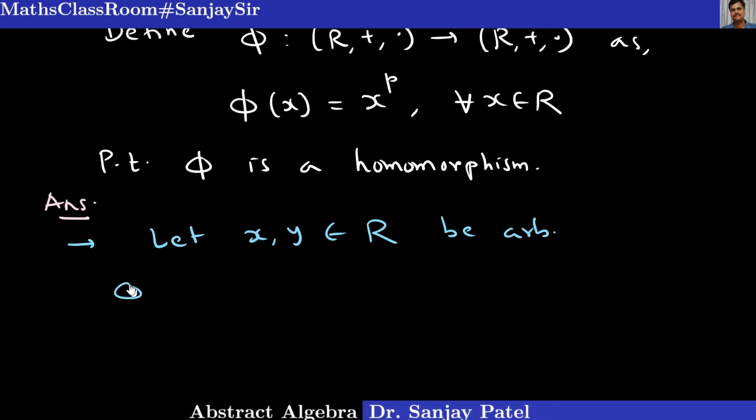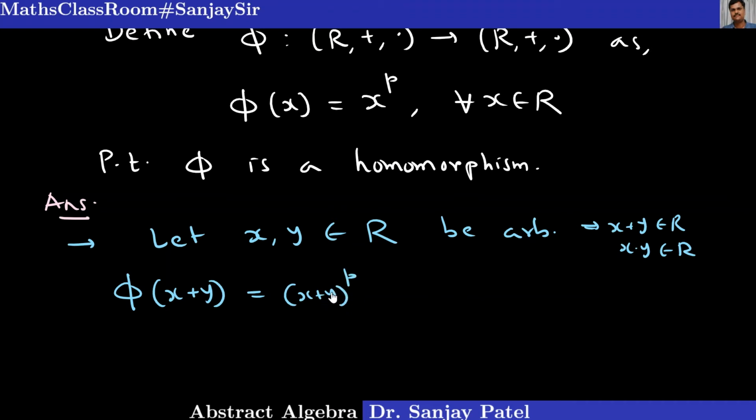And I start with phi of x plus y. Remember, the operation of addition is denoted by plus in the domain ring, so I am writing plus here. And for x and y belonging to R, we know x plus y and x dot y both belong to R. Okay, and for any element in the domain, the value of the function is given by that element raised to p. So I can write this is equal to (x plus y) raised to p.